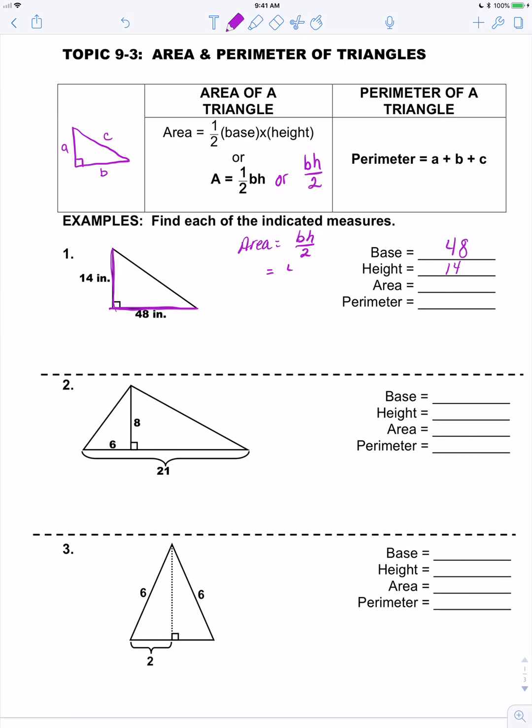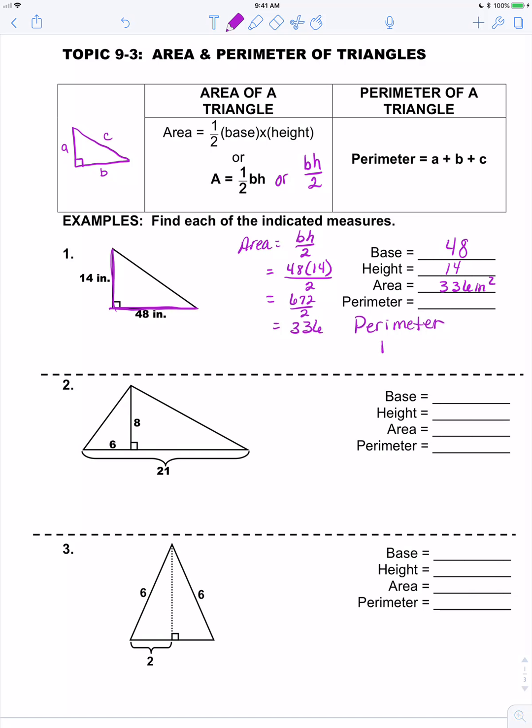So our base was 48, our height is 14. We're going to divide all that by 2, which ends up giving us 672 divided by 2, which is 336 inches squared.